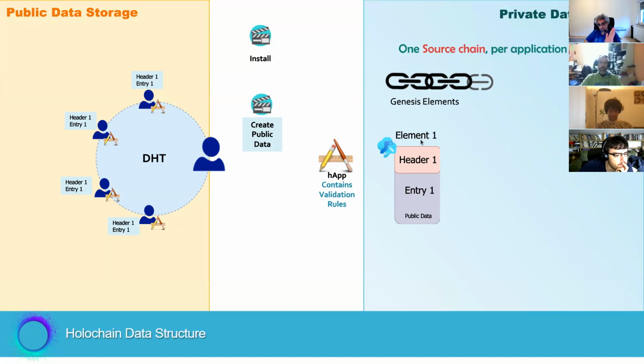The element, as a unit of a combination of header and entry, is one chain here, and the header and entry are going to be published to some people inside the DHT. Why are they supposed to hold the data? First of all, to support online and offline scenarios.